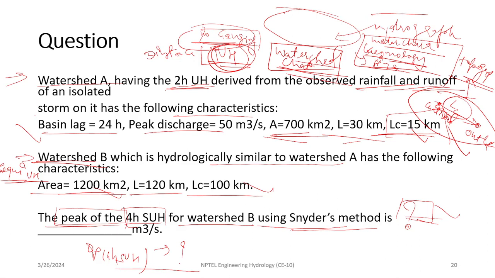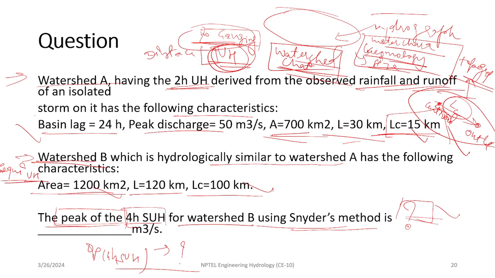Keep one line in your mind: we have to compute some coefficients from watershed A, and we will utilize those coefficients in watershed B in order to derive the unknown parameters.